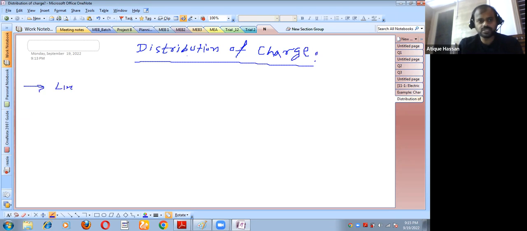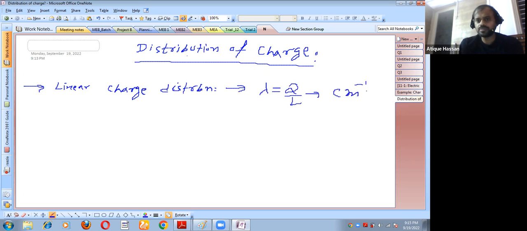One is known as linear charge distribution. Generally we denote it by lambda, which is equal to charge per unit length. Its unit is Coulomb per meter. We will have examples like, suppose I have an infinite, long rod.